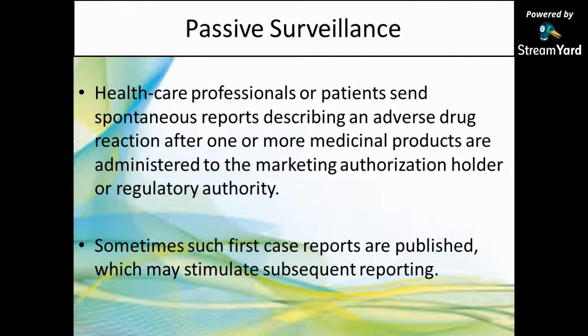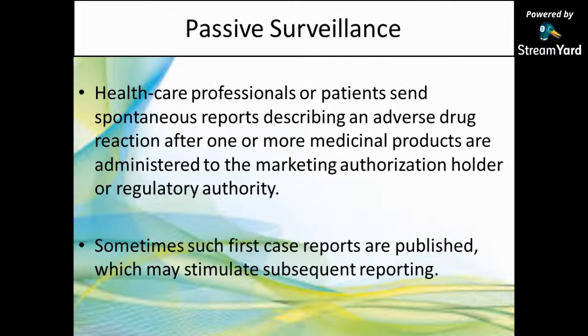So basically here the report is generally reported by either a healthcare professional or the patient after taking the medicine, either to the market authorization holder, which is your pharmaceutical company, or to the regulatory authority. So what happens in case of passive surveillance?